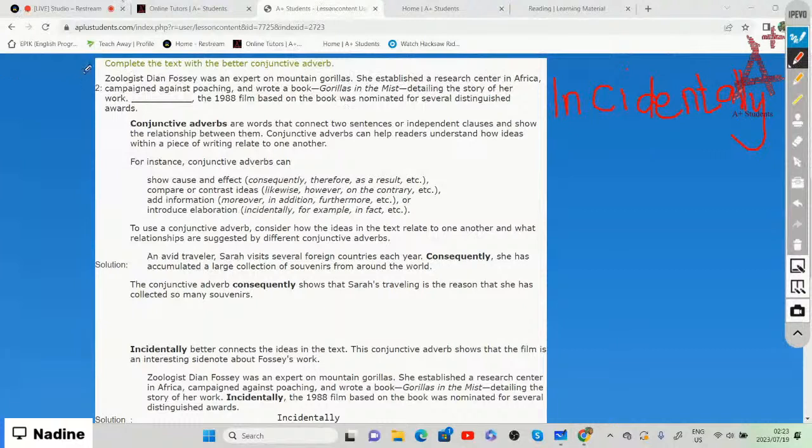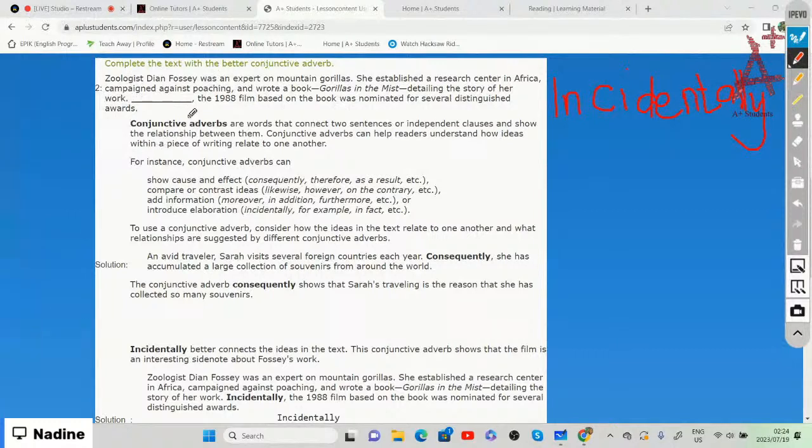Incidentally, the 1988 film based on the book was nominated for several distinguished awards, right? Which means that the word incidentally better connects the idea of the text, right? Because they're saying that she's an expert on mountain gorillas, she's got a research center that campaigns against all the poaching, and she even wrote a book about it.